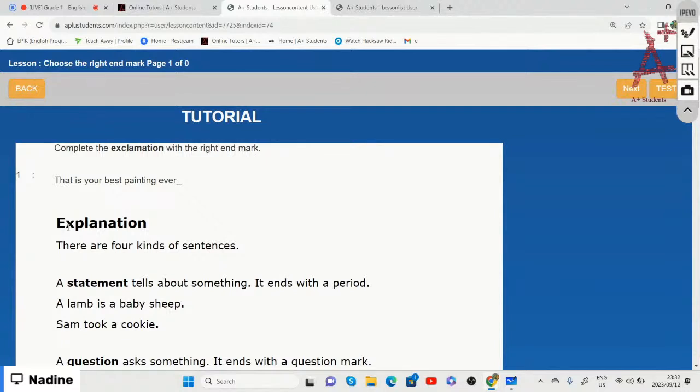We said a statement ends with a period, a question ends with a question mark, an exclamation ends with an exclamation point, and a command sometimes ends with a period or an exclamation point depending on if you're showing strong feelings.